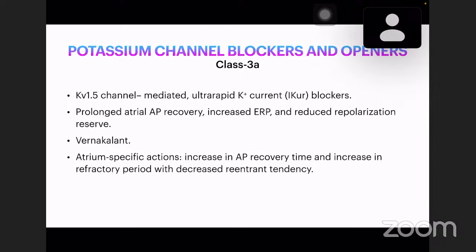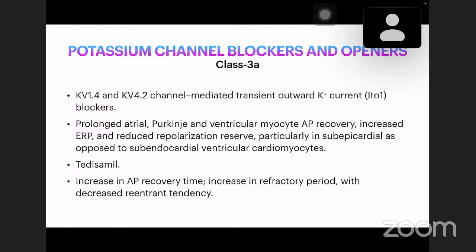These prolong the action potential same as the other class 3 subclasses, increase the atrial action potential recovery, increase the ERP, reduce the repolarization reserve. The drug is vernakalant. These drugs have atrial specific actions which increase the action potential recovery time in the atrium, and also increase the refractory period and decrease the re-entry tendency.